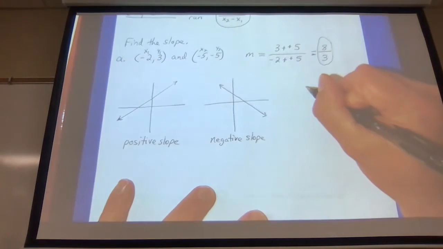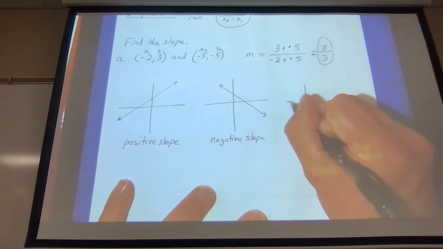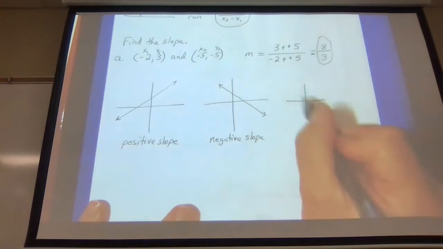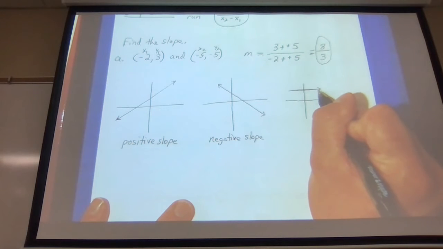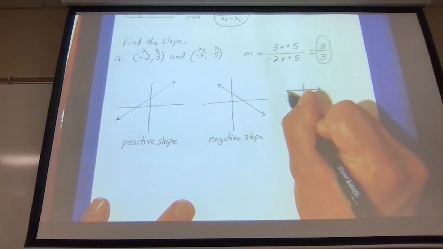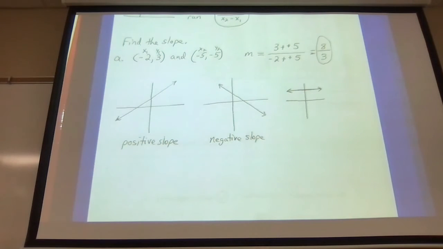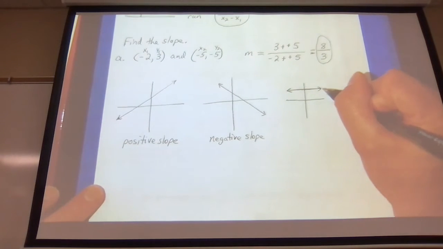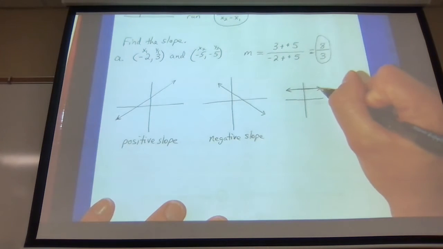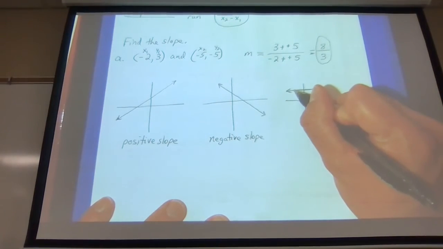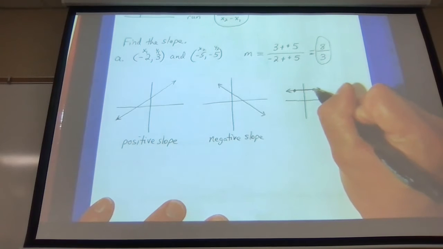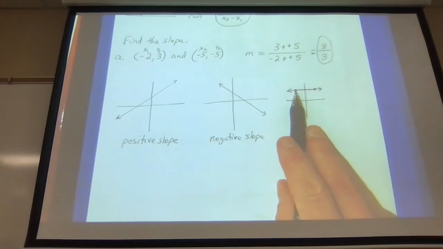I'm trying to squeeze 2 more in here, so I'm going to go a little smaller. We have a line that is horizontal. If you pick any 2 points on that line, what's going to be the same about those 2 points?